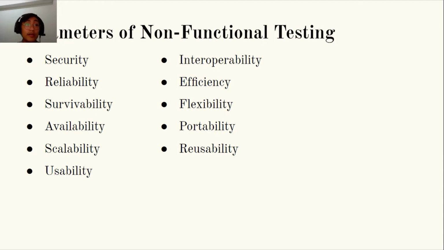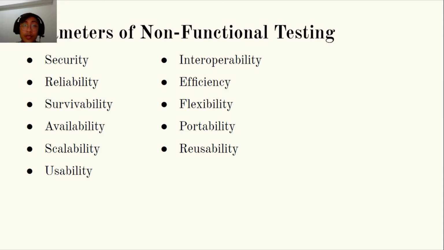Next, the availability. This parameter determines the degree to which the user can depend on the system during its operation. This is checked by stability testing. Next is scalability.